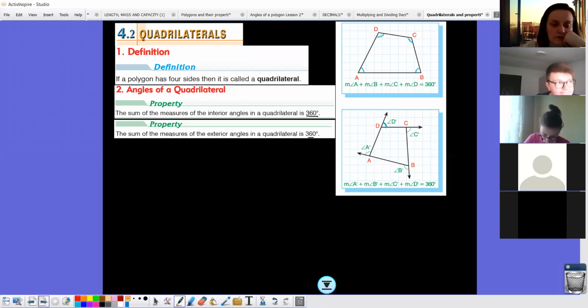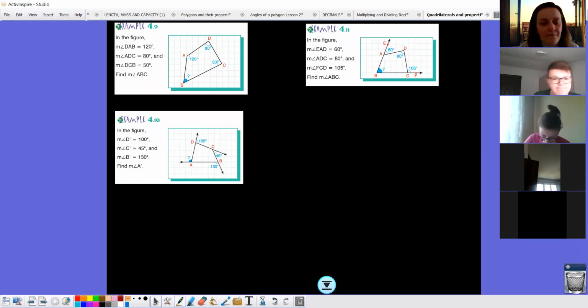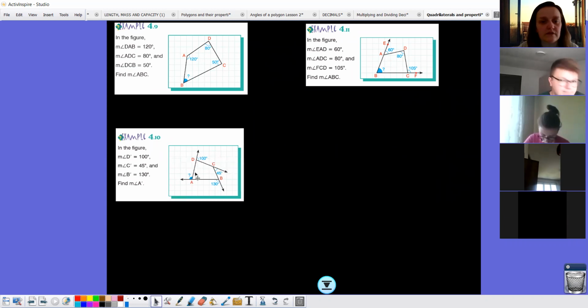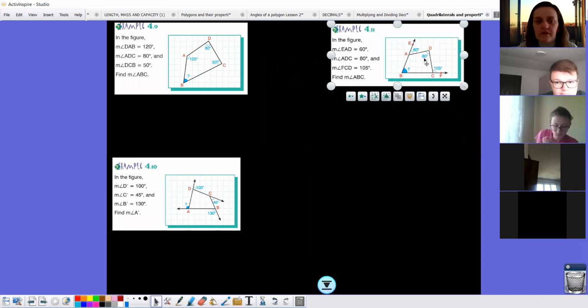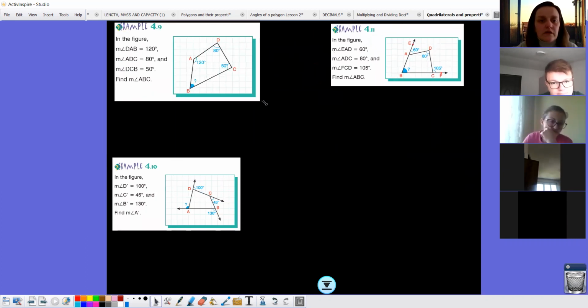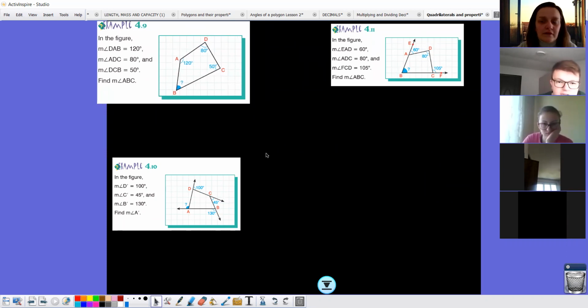So now let's continue with simple questions. As you can see, some of the angles are given. We need to find the missing one. Should we study this?